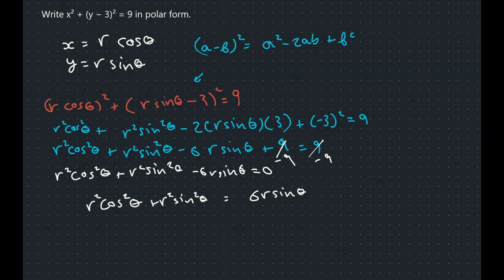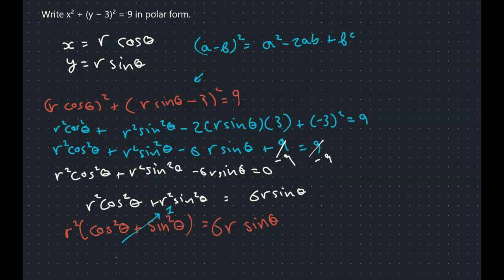And the final or almost final step is just getting rid of the r squared. We will just isolate it. We will factor it out. So r squared, and then we have this amazing identity. I think I should make a video where I prove this identity in multiple ways. And then this is equal to 6r sine theta. Of course, the result of this identity is 1.